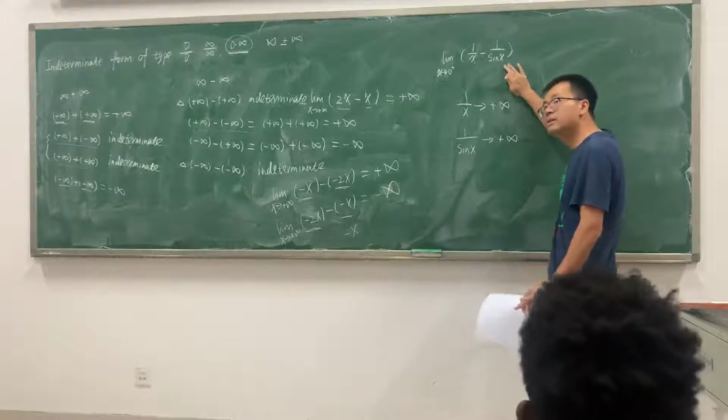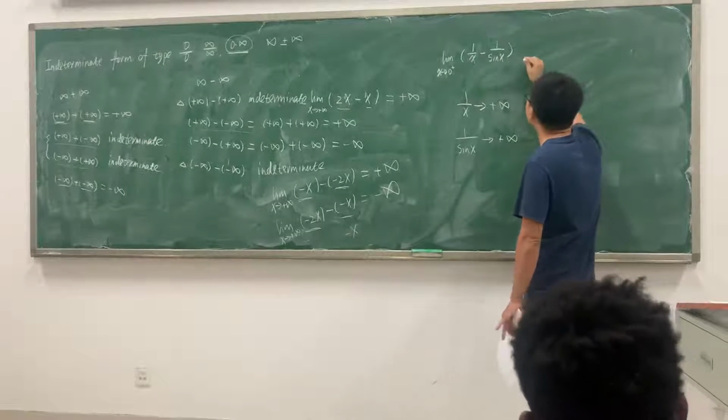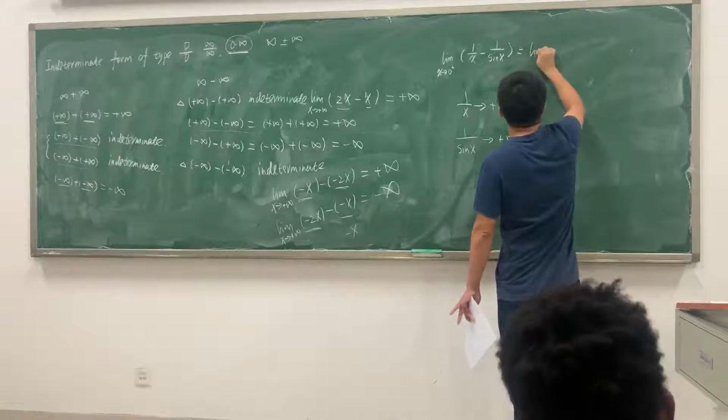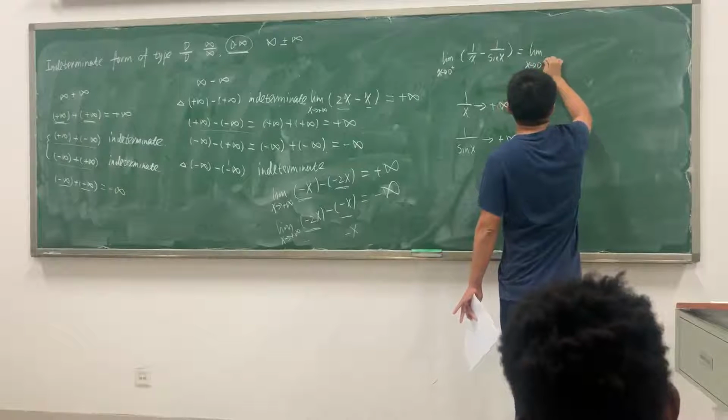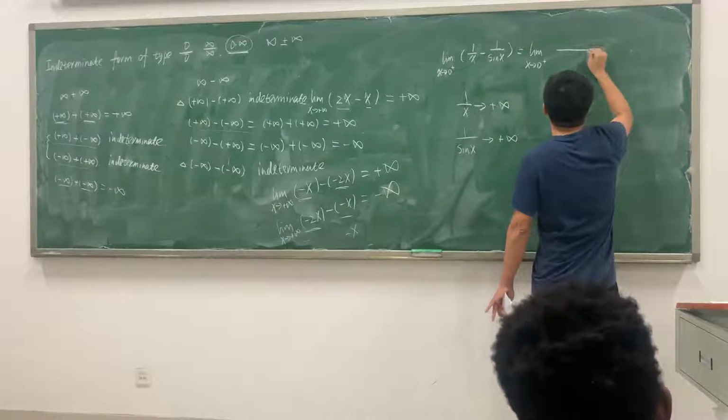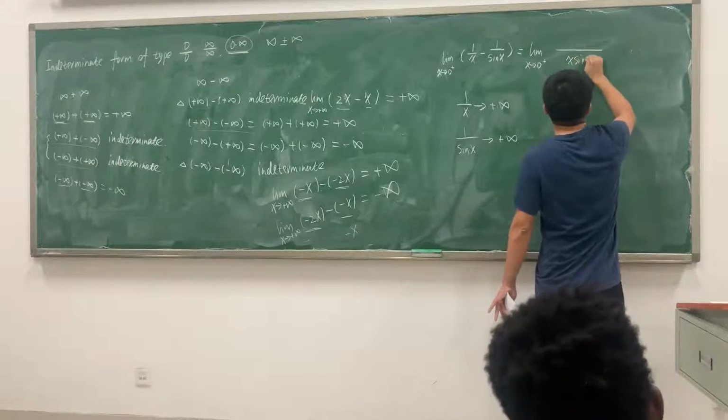So here first, make them have the same denominator. So this equals the limit as x approaches 0 from the right of (sin x minus x) over (x times sin x).